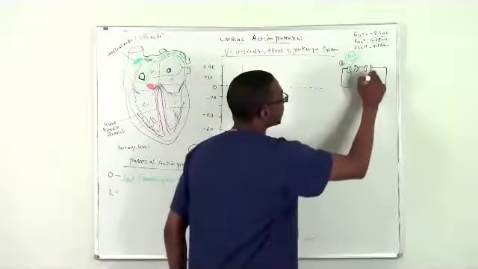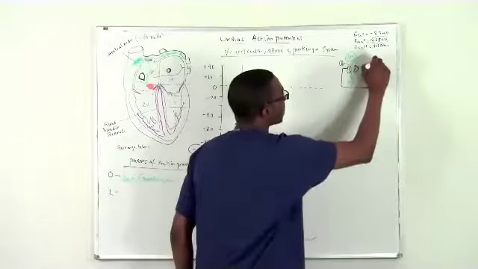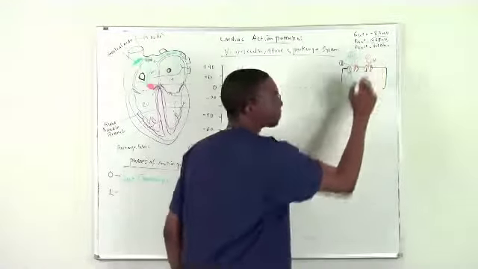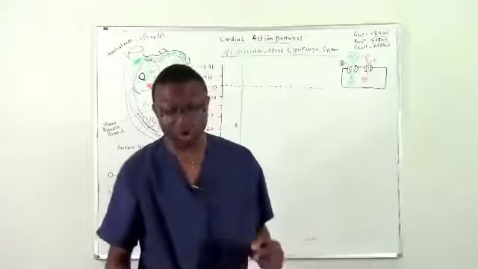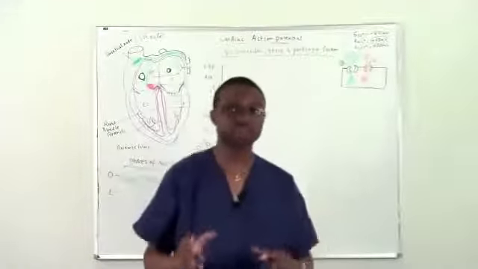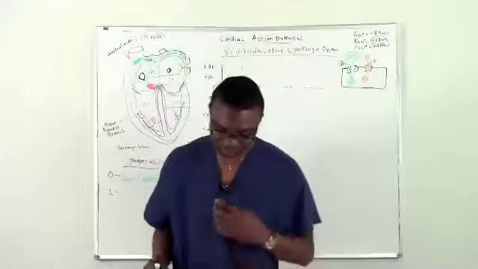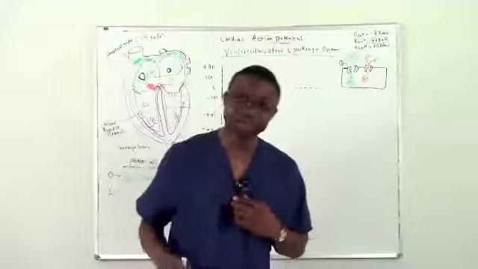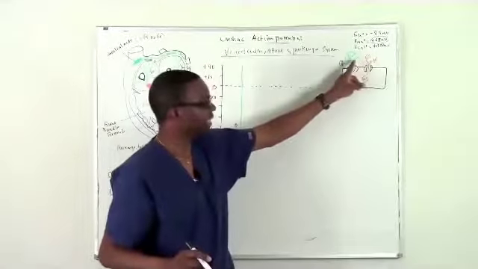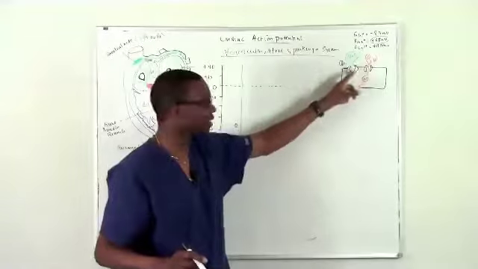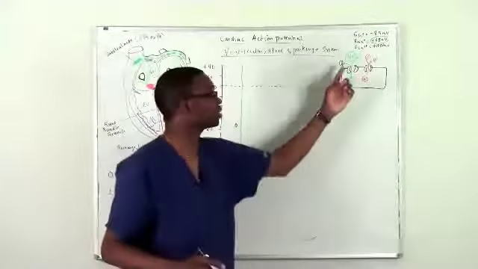So some potassium is just going to leak out, and that is known as initial repolarization, caused by an outward current of potassium flowing outside the cell. What actually happens when potassium flows out of the cell is it decreases the ability of this cell to bring in sodium.